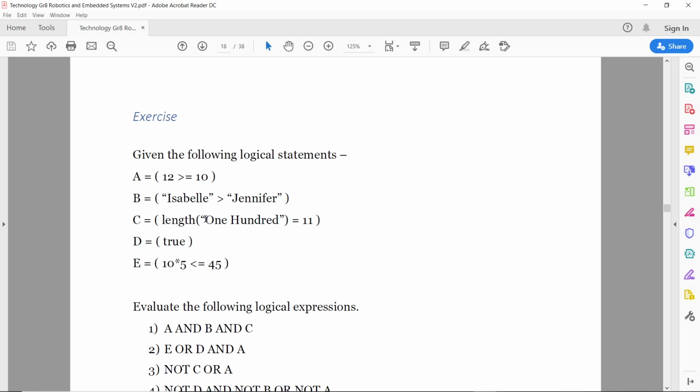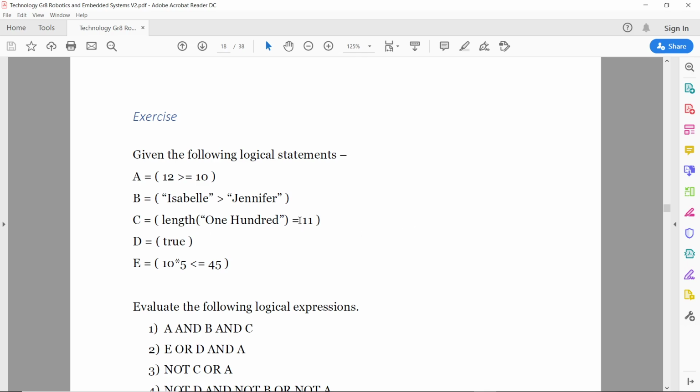Length is going to give us the length of that piece of text. You do not include these inverted commas here, or this one here. It's just what's in between the inverted commas.